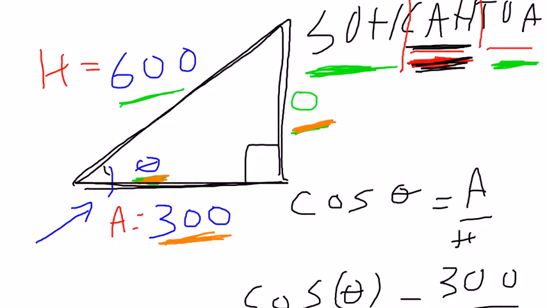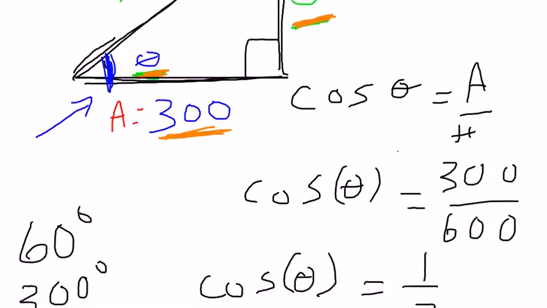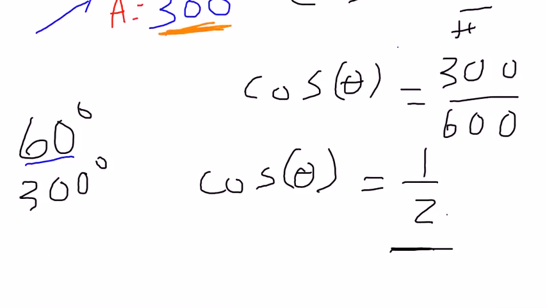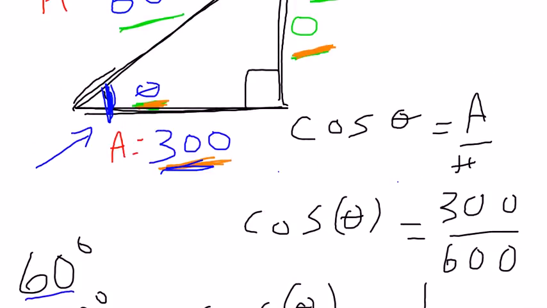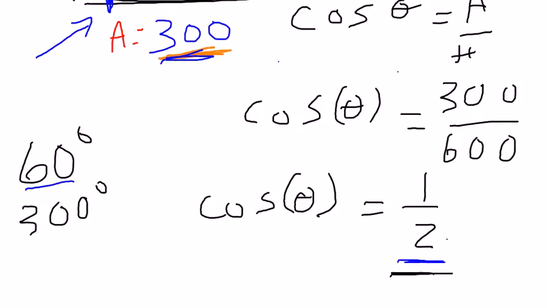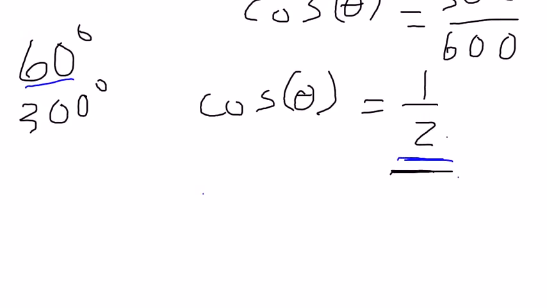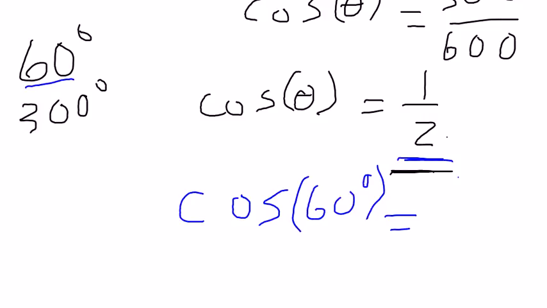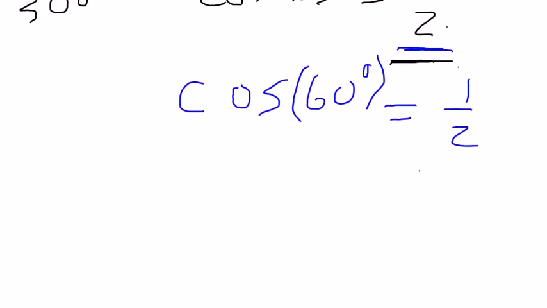So for this problem, this angle that we're looking for right here is going to be 60 degrees, because the ratio between the adjacent and the hypotenuse is 300 over 600, which equals 1/2. So the only time it logically happens is when the angle is 60 degrees, because cosine of 60 degrees equals 1/2. So the angle we're looking for is 60 degrees.